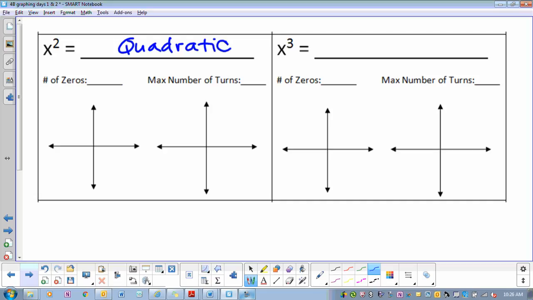So what does that tell me about the number of zeros? How many zeros do I have if my biggest exponent is 2? 2. It's going to be the same, right? And guys, what's the maximum number of terms? 1. Yeah, because it's 2 minus 1, just 1. Good.